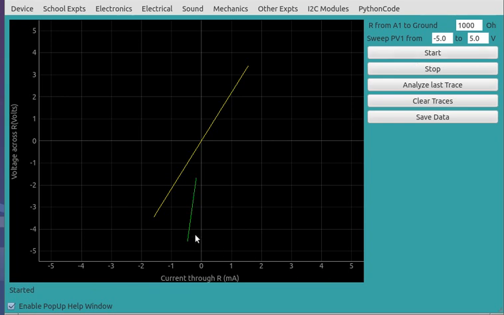So it's having a different slope, so the current variation is actually less, and that is roughly 10 kilo. So you see how the voltage and current are changing. It's a straight line, that means it's a linear relationship, right? Current is proportional to voltage.